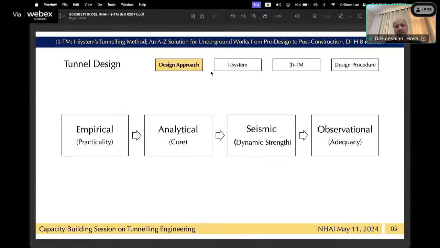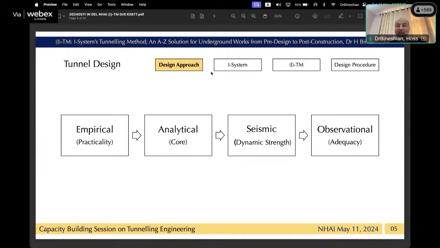Let's go a little bit more into details. In the tunnel design based on I-System, the first step is to select the right approach for your design, which includes 4 steps. In the empirical part, we define the practicality of design. How practical are the measures we are going to prescribe to the client and contractor to implement?